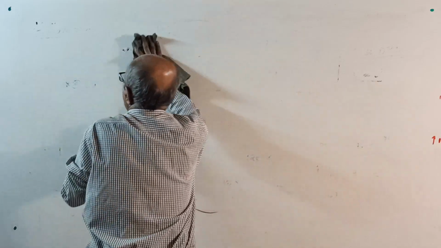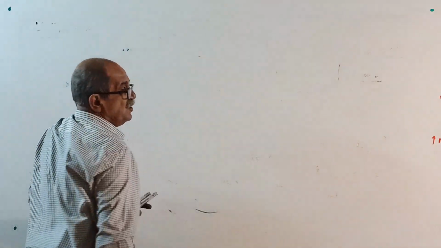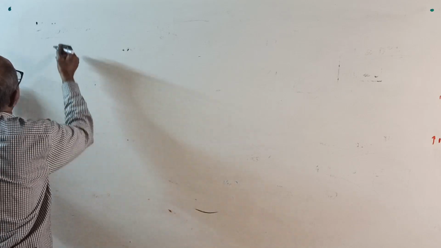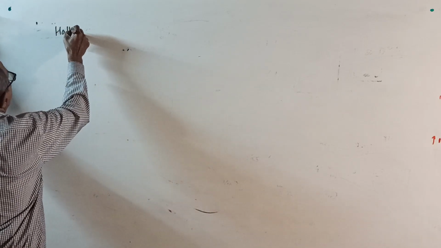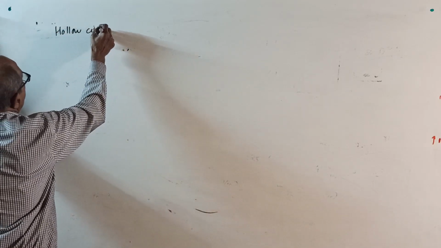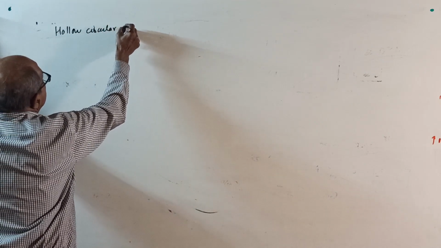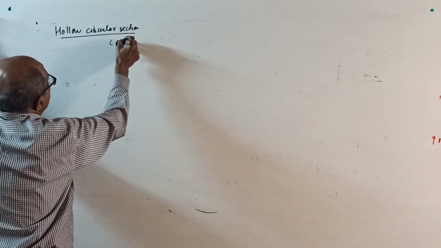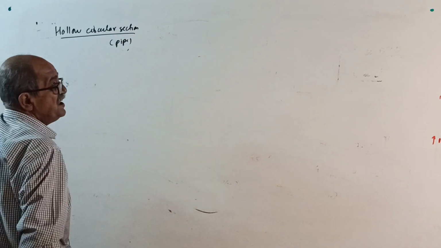So lastly, hollow circular section, it will be over in 2 minutes now. The last one, hollow circular section. Some people also call it pipe section or hollow cylindrical section.